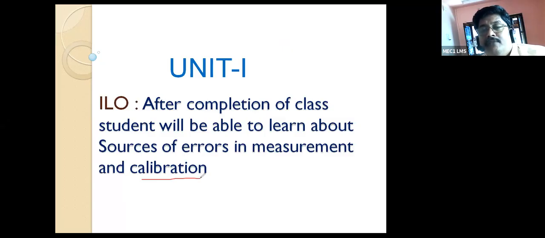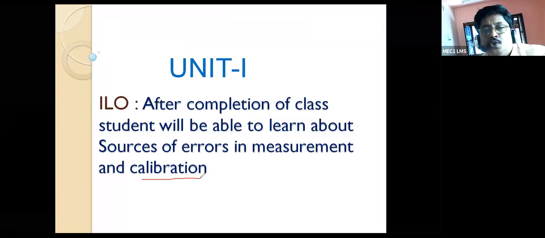That means if there is calibration, whatever the reading is should be almost closer to the standard value or true value. We have to go for calibration for that particular purpose only. Calibration, I will tell you in detail later.